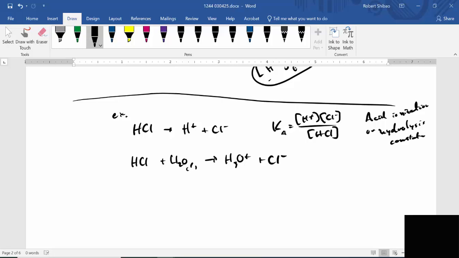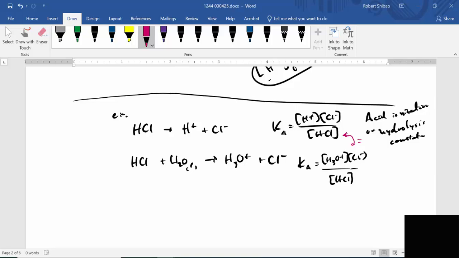In this case, it's the acid ionization constant. Whereas, what's the Ka for the second reaction? The Ka for the second reaction is going to be hydronium times chloride divided by the HCl. And what's the activity of pure water? 1. And take a note, hydronium and the hydrogen ion are essentially the same thing. So these are equal. And so this would be the acid hydrolysis constant. And they're the same thing, basically.